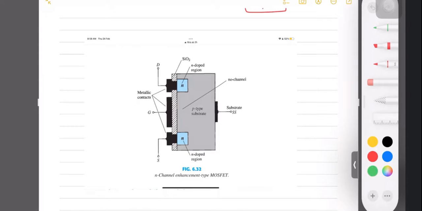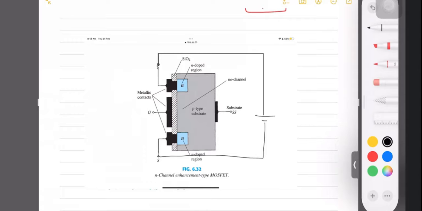So अगर नेगेटिव पोटेंशियल यहाँ अप्लाई करता हूँ, ओके, अगर यहाँ नेगेटिव अप्लाई करता हूँ तो यहाँ क्या आ जाएगा? पॉजिटिव. So this is going to enhance the depletion layer, right? ऐसे होगा ना? So what is current? 0.